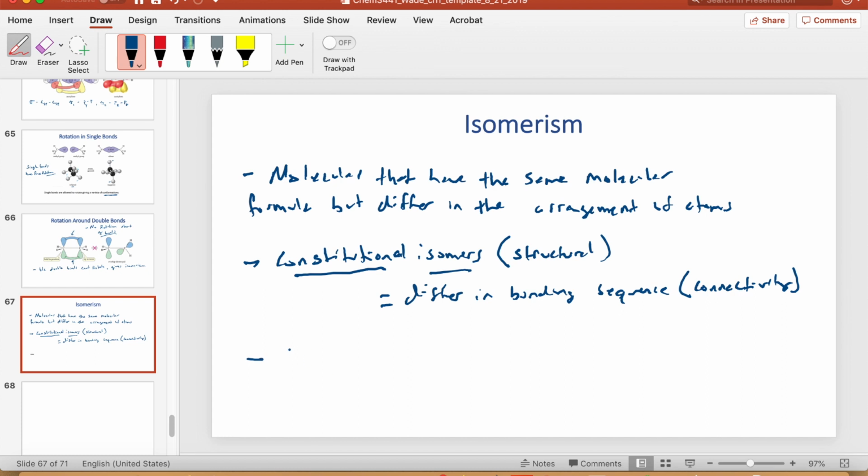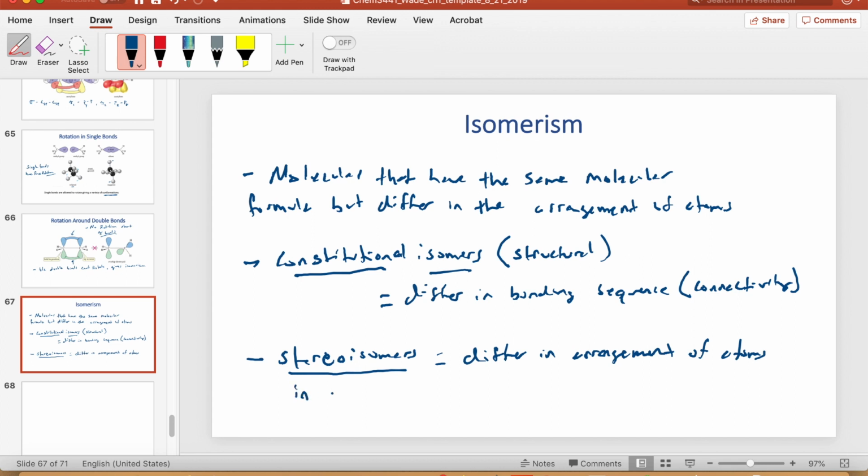And then the other one that we have are what we call stereoisomers. And these differ only in the arrangement of atoms in space. This is what happens when we look at these double bonds.